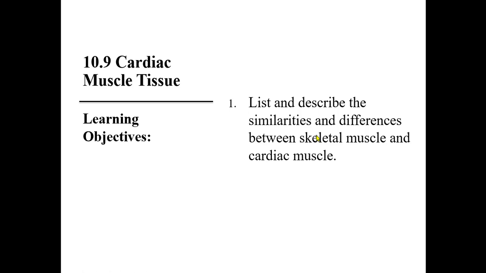In the tissue chapter, we talked about the three types of tissues. You will need to know that chart again, so make sure you know the skeletal muscle, the cardiac muscle, and the smooth muscle.